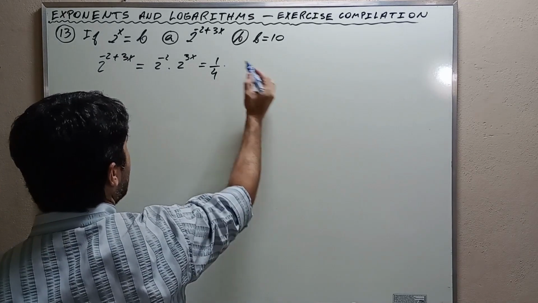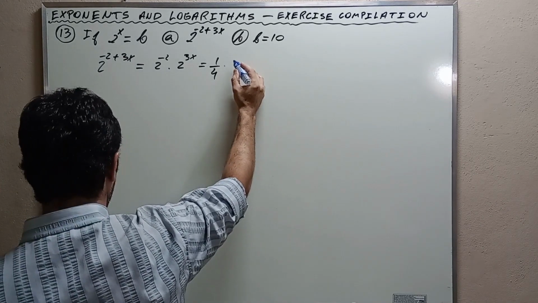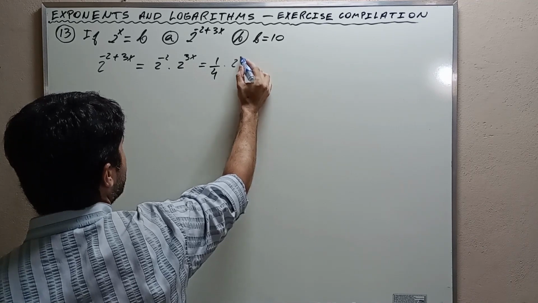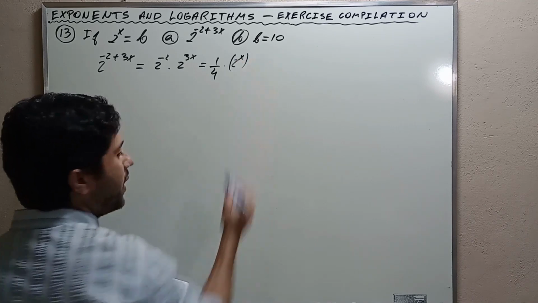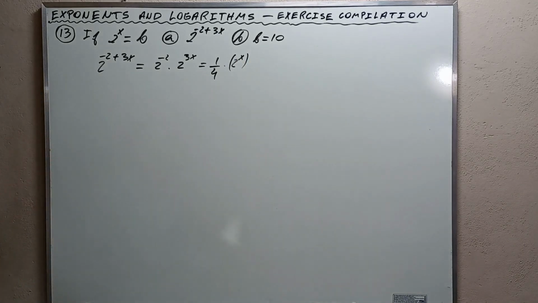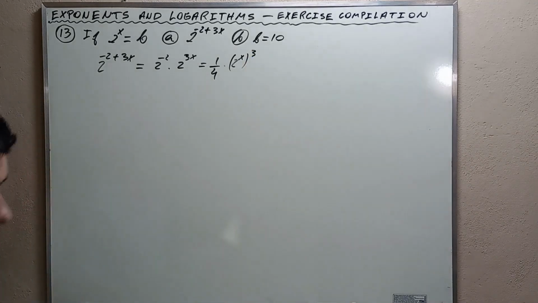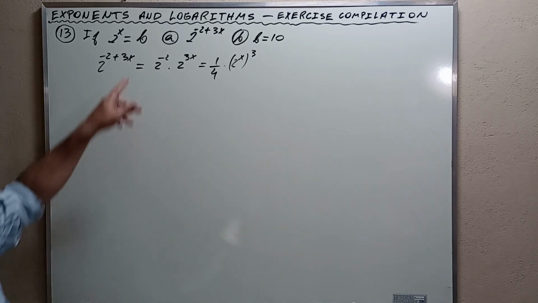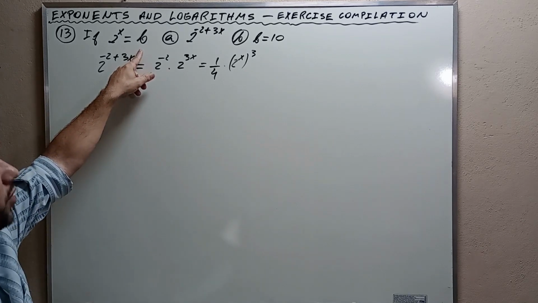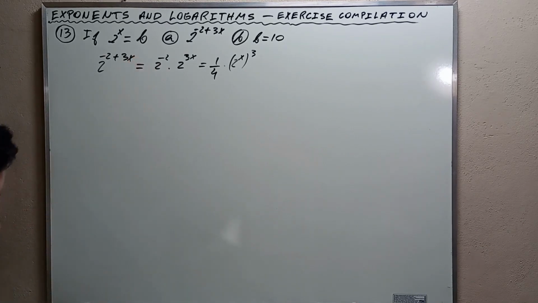We are going to isolate 2 to the x, all raised to the power of 3, or if you prefer, all cubed. And the exercise wanted us to use 2 to the x equal to b, and we are going to substitute.